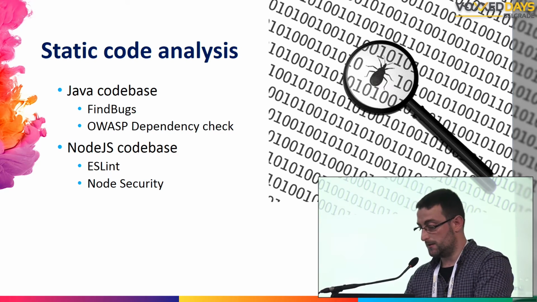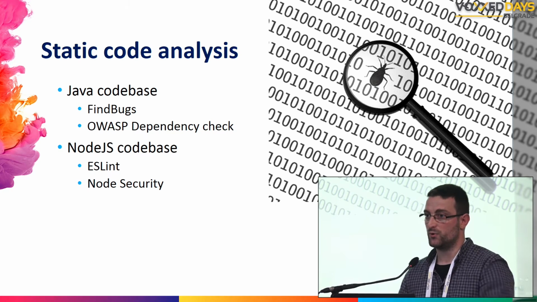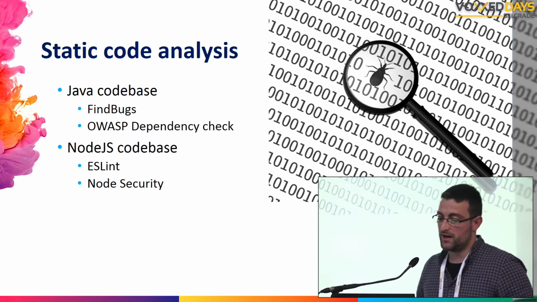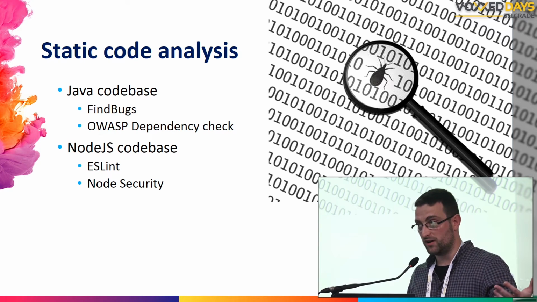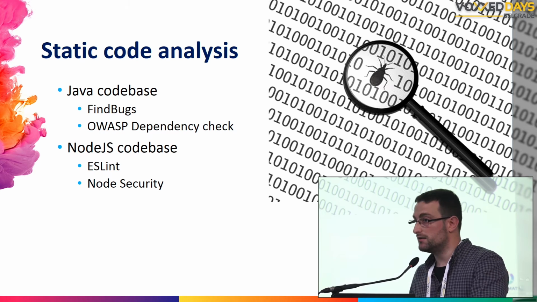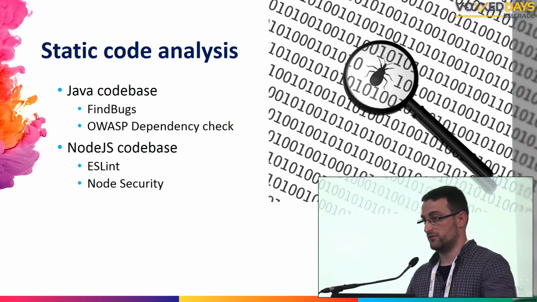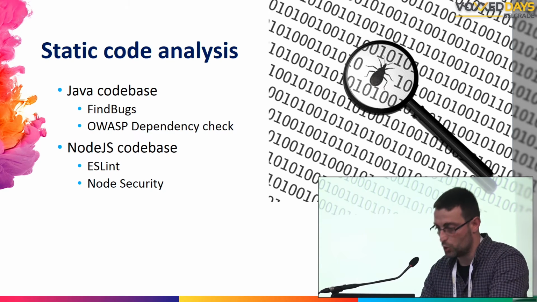For Node.js, the process is very similar. ESLint is an awesome tool for Node.js programming. Another cool thing is it has a plugin for IDEA, so you can do static code analysis while you code. You just turn on the ESLint plugin in IDEA and add a config file to it with security configurations, and it will pop up if a line of code is considered insecure for Node.js code.